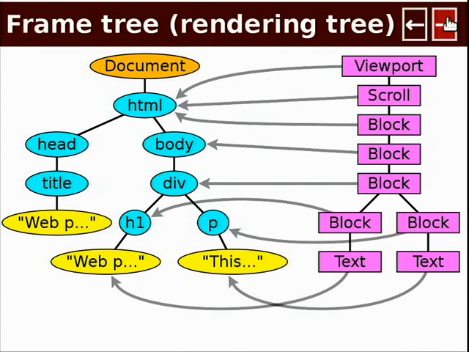So like you see in this slide, there's no nodes in the rendering tree pointing to the head element because we make the head element display none, so there's just nothing generated there. Likewise, there are cases, especially when we break elements across lines or pages, where you'll have multiple rectangles representing a single element in the DOM.